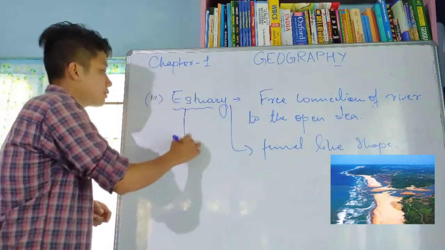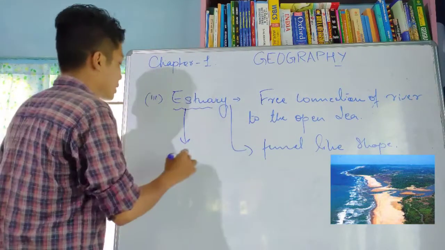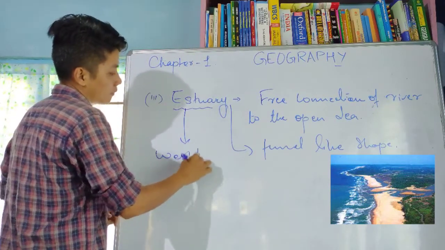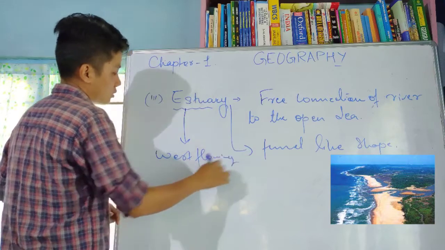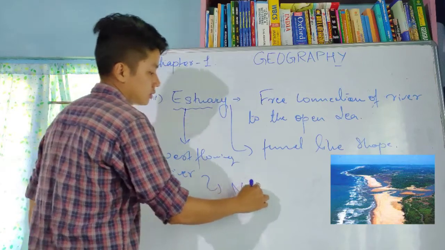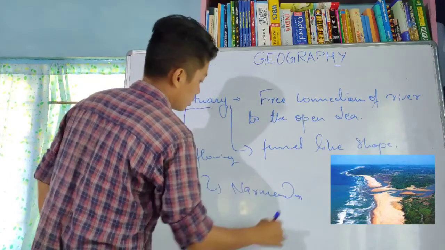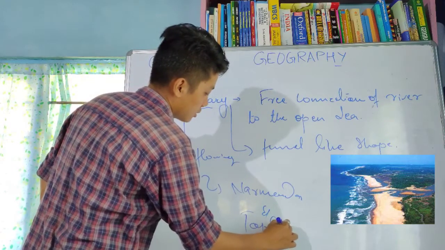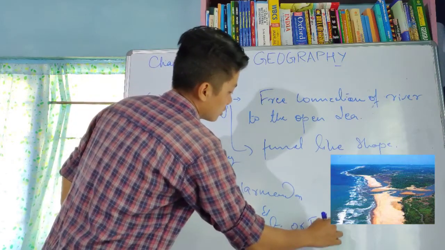Estuary can be seen in west flowing rivers like Narmada and Tapti, or Tapi.